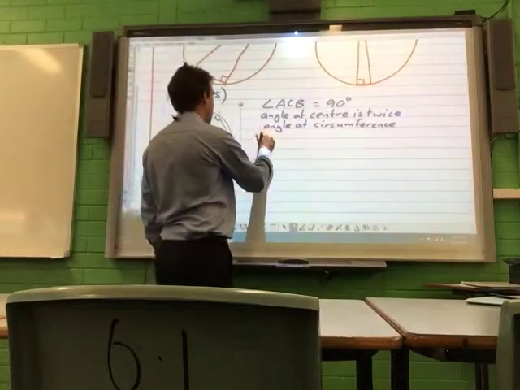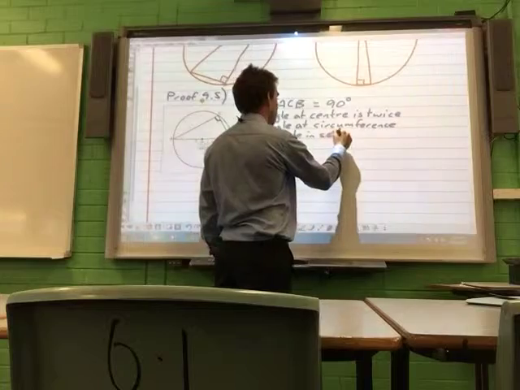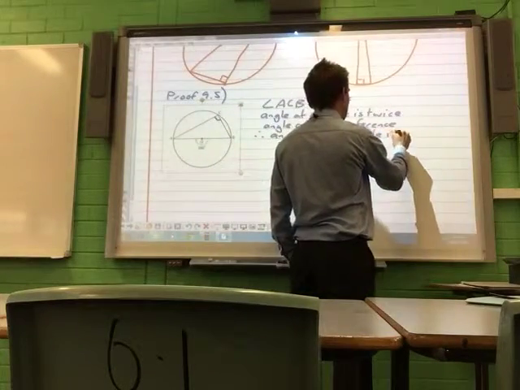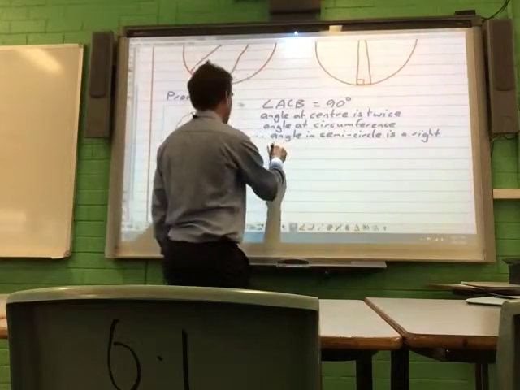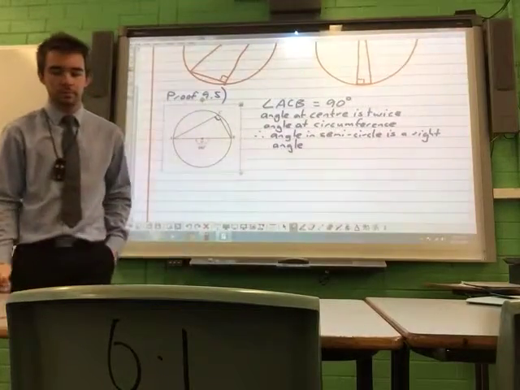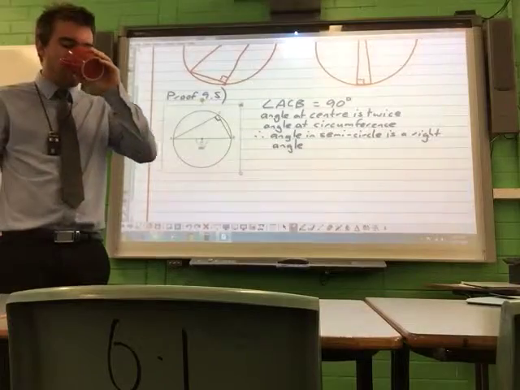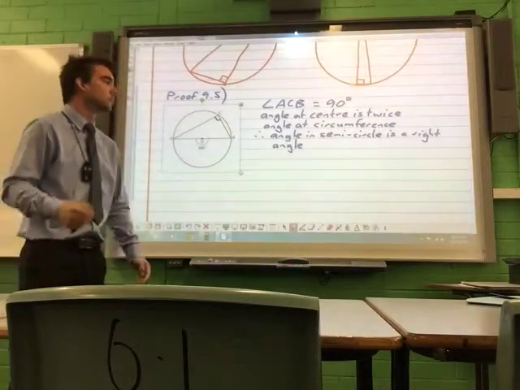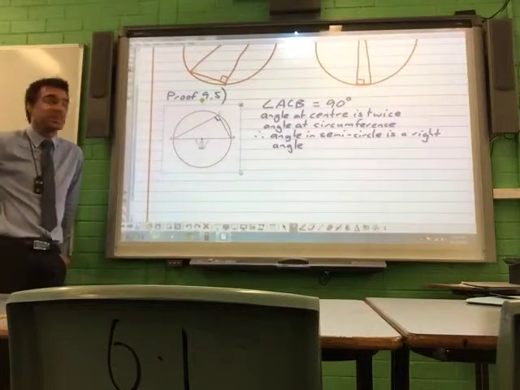So therefore, angle in a semicircle is a right angle.